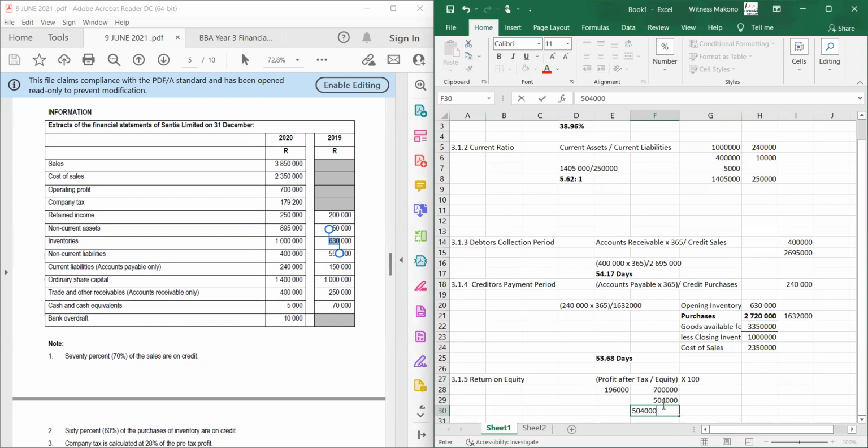504,000 divided by equity. Equity is equal to ordinary share plus retained earnings. So we can say ordinary shares plus retained income.